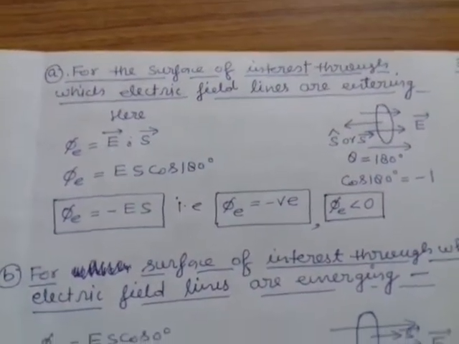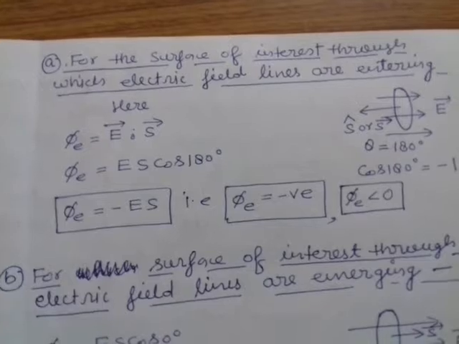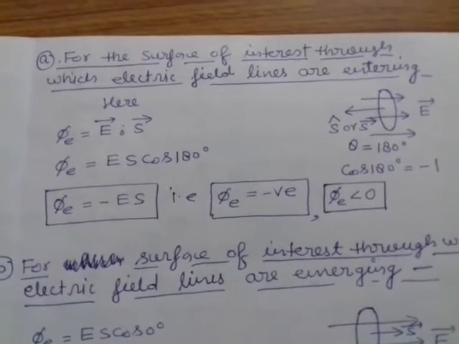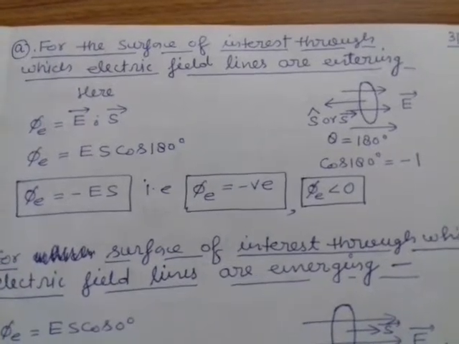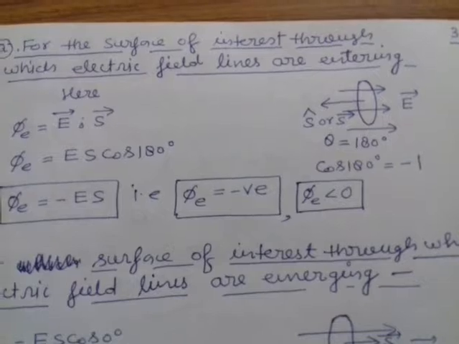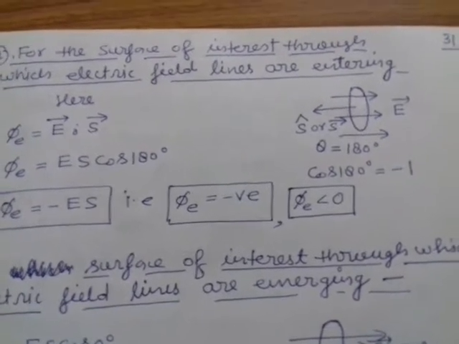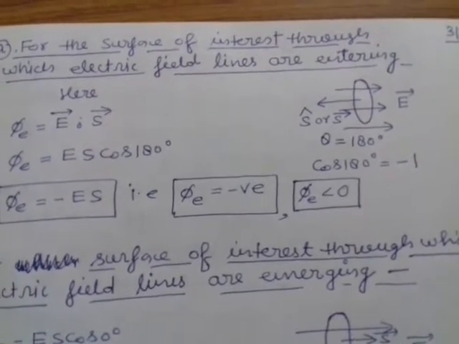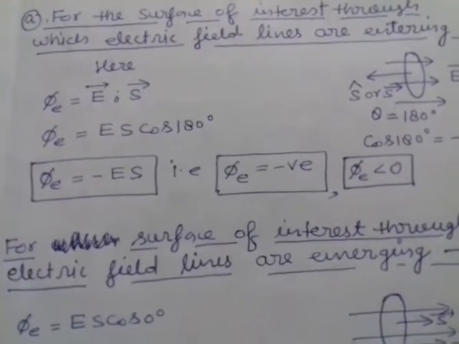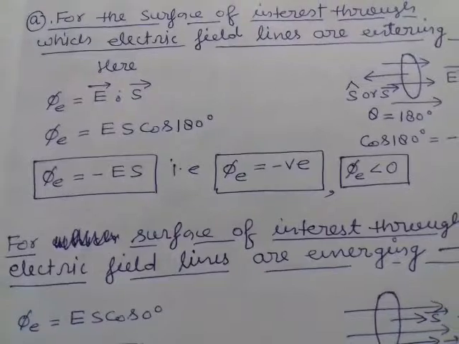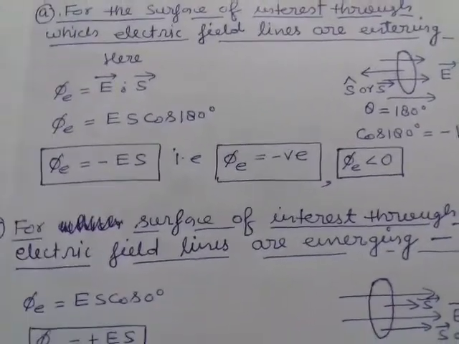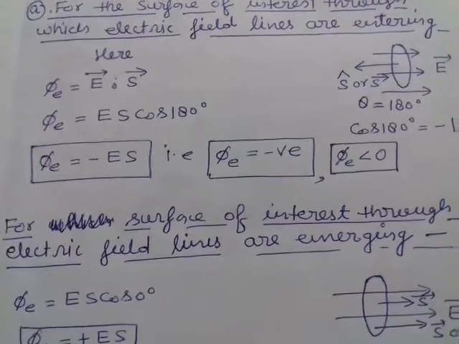I am discussing this. For the surface of interest through which electric field lines are entering, you can see in the diagram E and direction of area vector are opposite to each other. So here theta is 180 degree. Here phi E is equal to E dot S, which is E S cos 180. Cos 180 is minus 1. So phi E is minus ES.